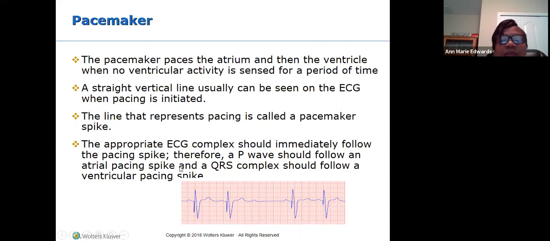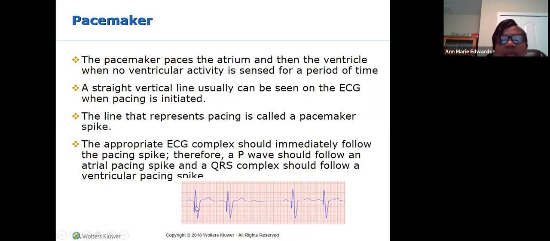If you're pacing the atrium, then you have the spike in front of your P wave. Here you have the spike right in front of your QRS, so this is pacing the ventricle. Therefore, a P wave should follow an atrial pacing spike, and a QRS should follow a ventricular pacing spike.